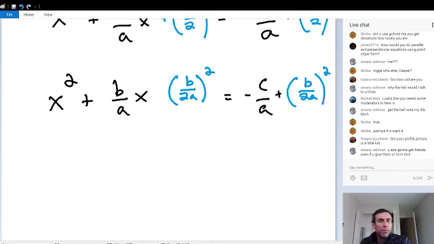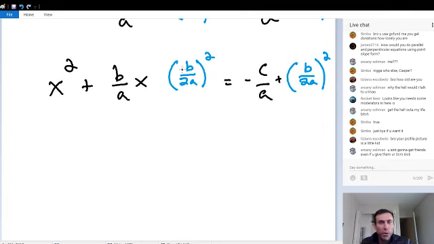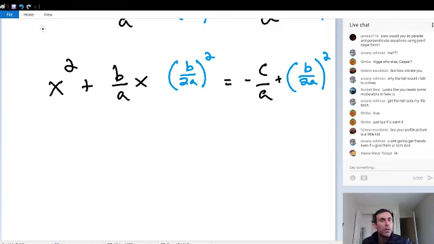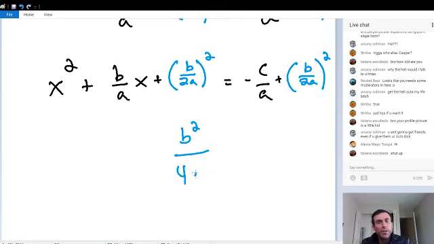So now let's simplify this b over 2a squared in blue. If we square the numerator and the denominator, in the numerator we're going to have b squared, and in the denominator we're going to have 4a squared. The right hand side is exactly the same: b squared over 4a squared.